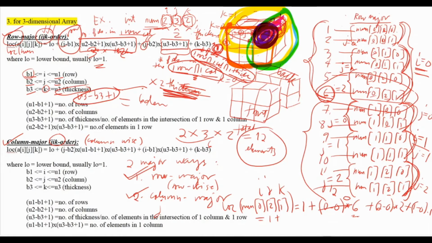That would be 2 times 2, that's 4. And then plus 1 times 1 is 1. So 4, 5, 6, the answer is 6. So our addressing function formula returns to us that the address or the position of this element in the array structure is at the 6th position, which is consistent with our list.